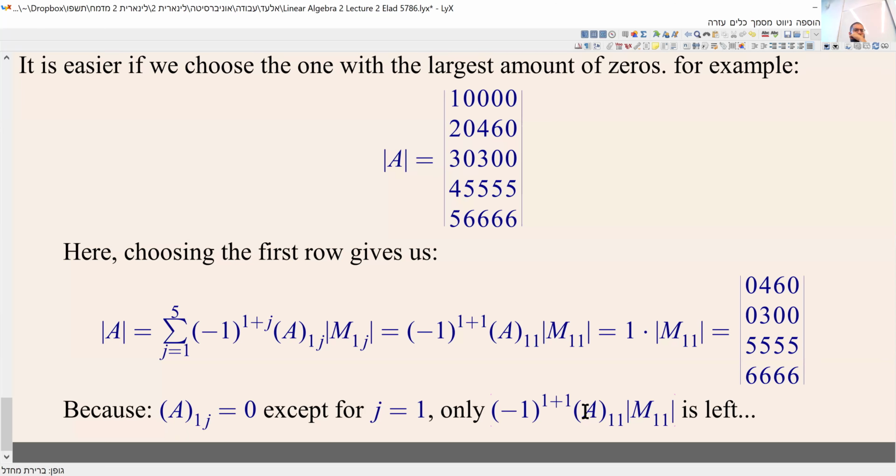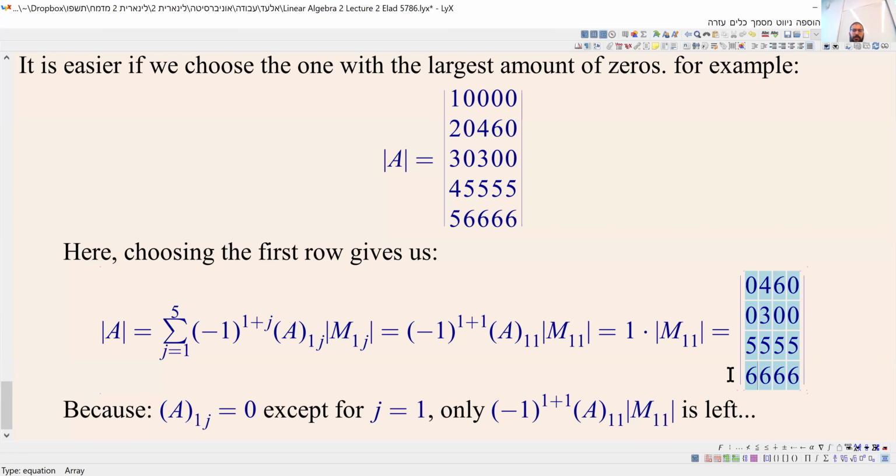So choosing the row or column with the largest amount of zeros makes the calculation very easy. Not very easy, easier. This is so profound. Now, applying the same logic, which row or column should I choose to continue our process of calculating the determinant? I should choose the second row, of course, which has the largest amount of 0.